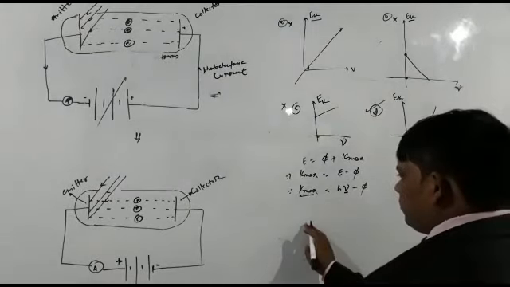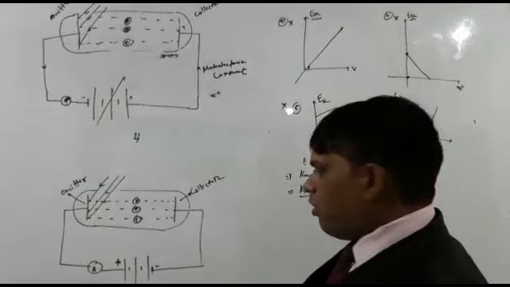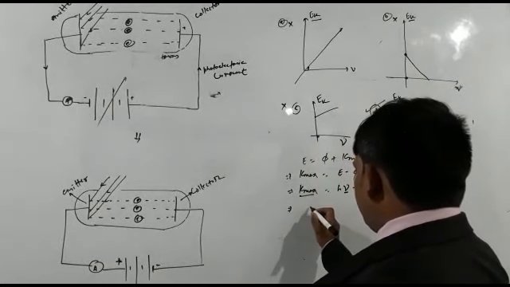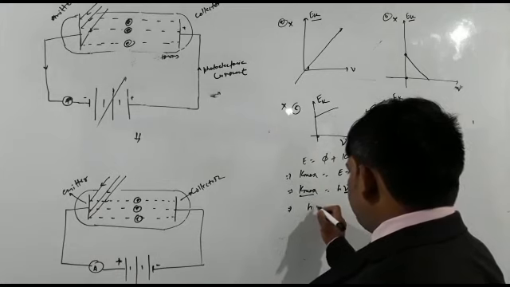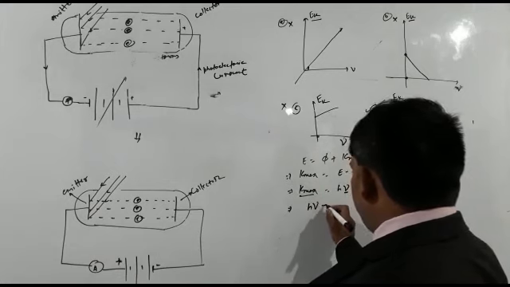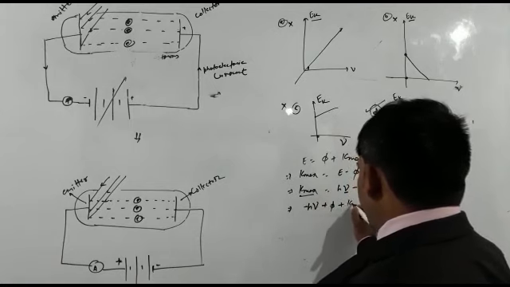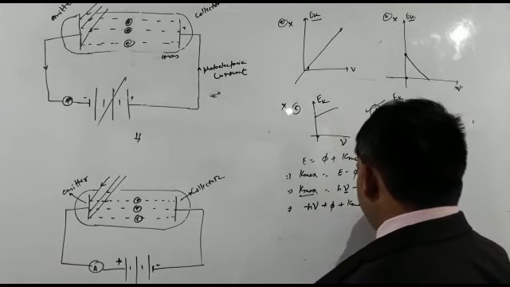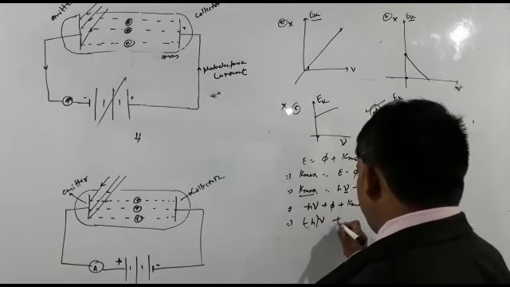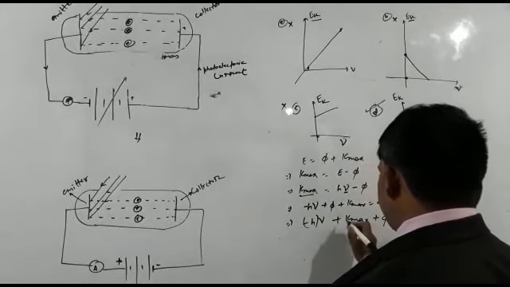Now we will also check whether this segment of the graph will be a straight line or not. So from this equation we can write minus h nu plus K max plus phi is equal to 0.